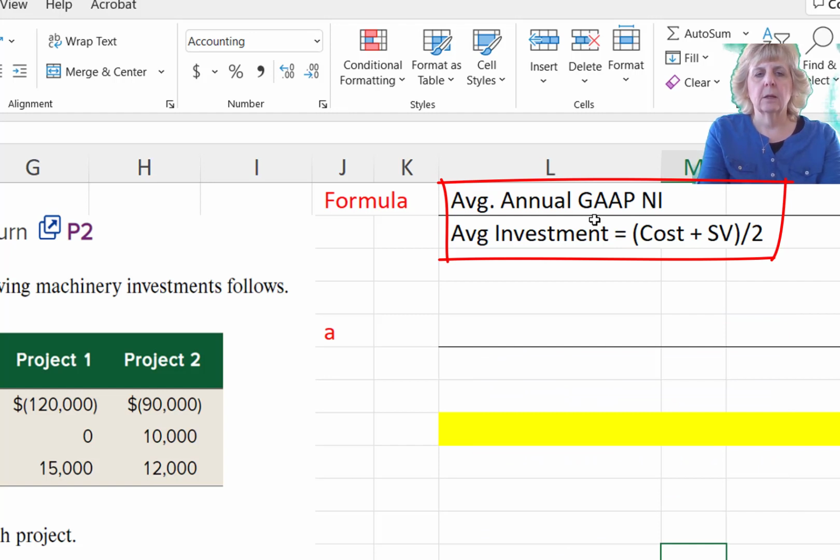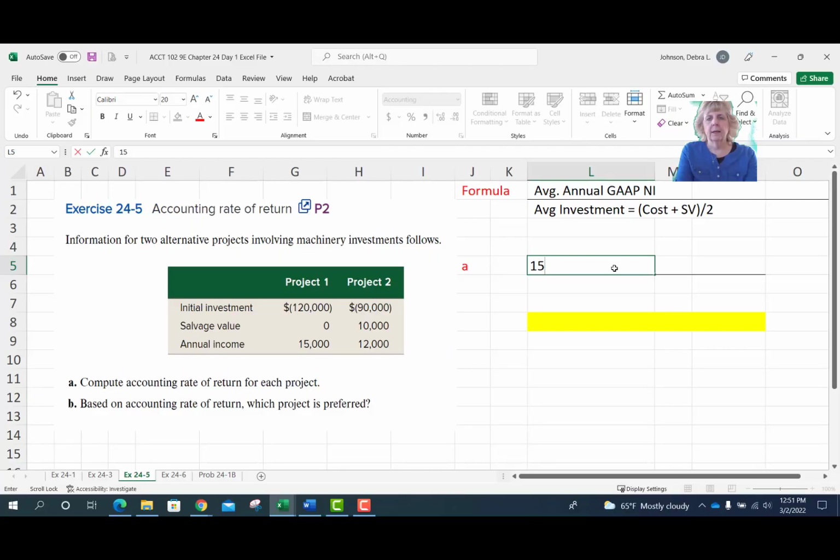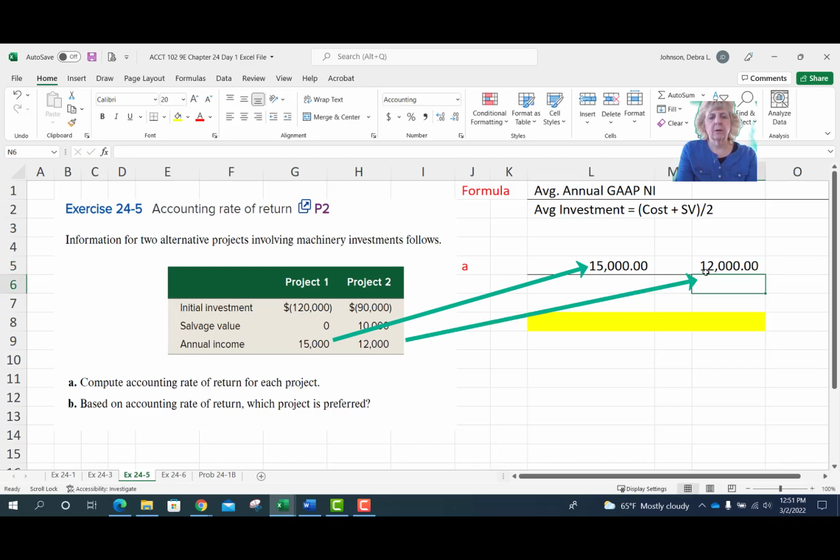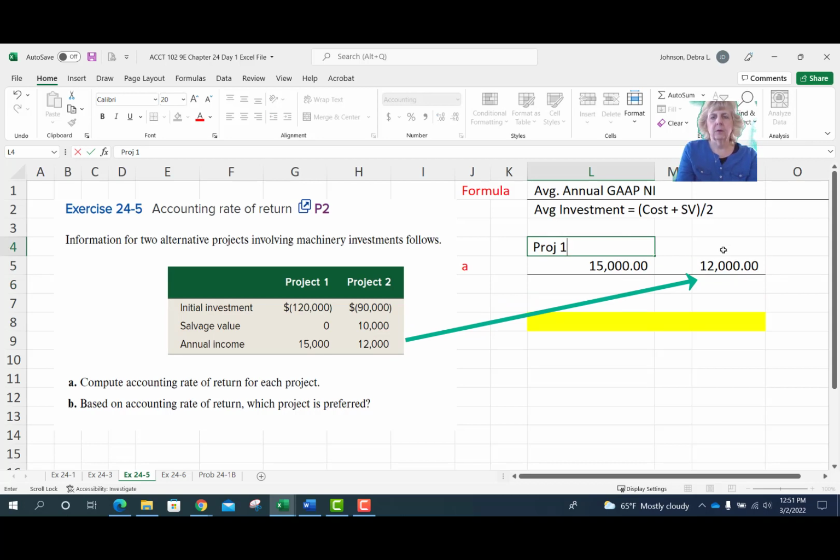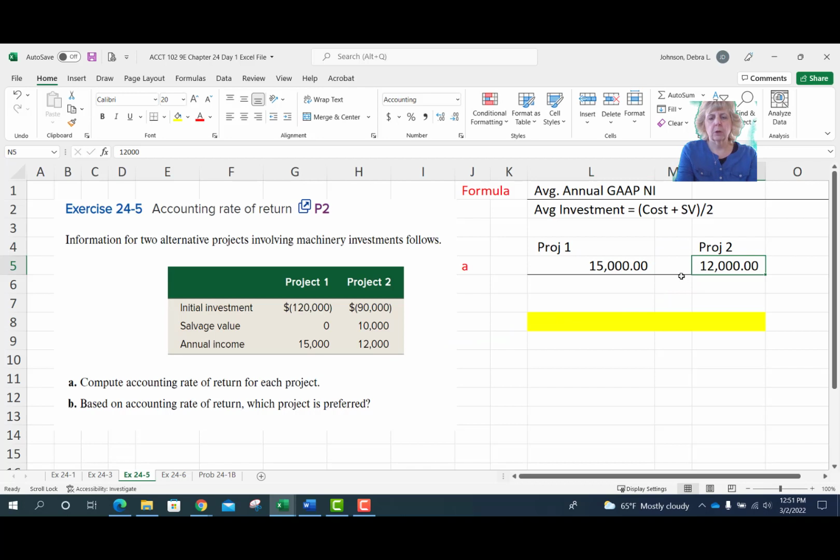And we'll start with the numerator, the average annual income is $15,000 on the first one and $12,000 on the second one. Let me go ahead and put these projects in, project 1 and project 2.